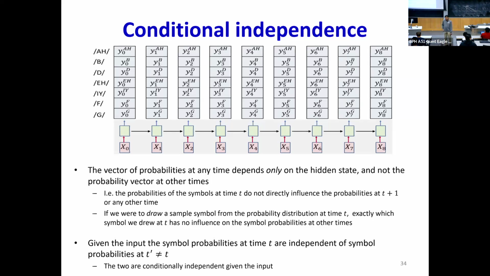Why is that? Because the probability table over here is derived entirely from the inputs. So x0 is used to compute this guy. x0 to x1 is used to compute this guy. The symbol that occurred over here has no bearing on the probability that you're computing at time 2.